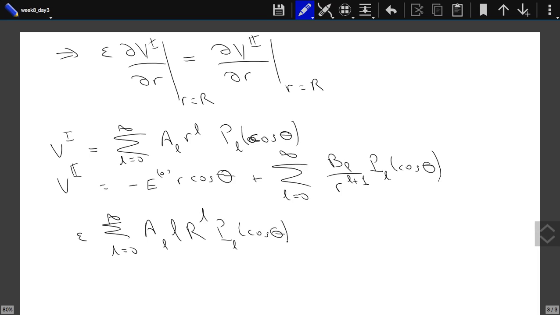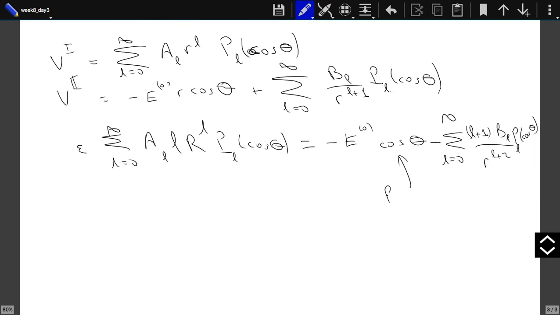This should be equal to minus E0 times cosine theta minus the sum over L from 0 to infinity, L plus 1, B_L over R to the L plus 2, P_L of cosine theta. And remember, cosine theta is P1 of cosine theta.